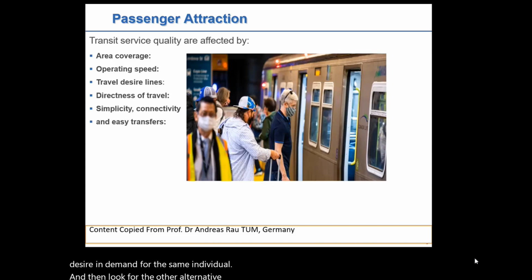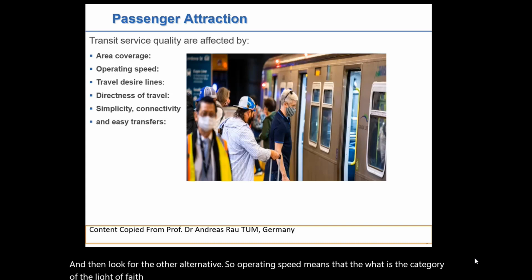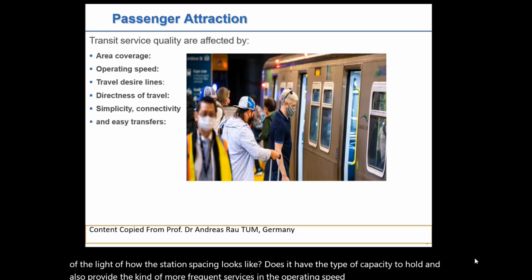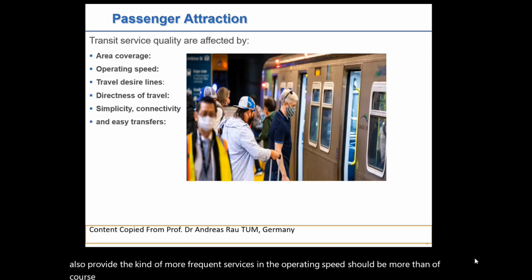So operating speed depends on the category of right of way, how the station spacings look, and whether it has the capacity to hold and provide more frequent services. The operating speed should be higher, of course, compared with the road network.